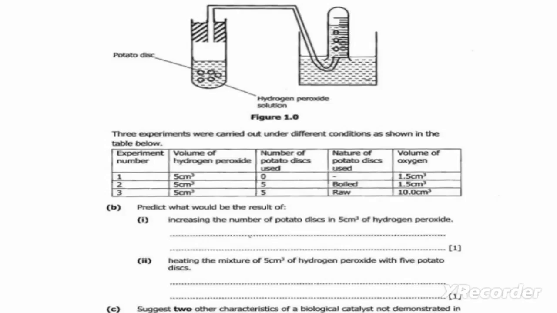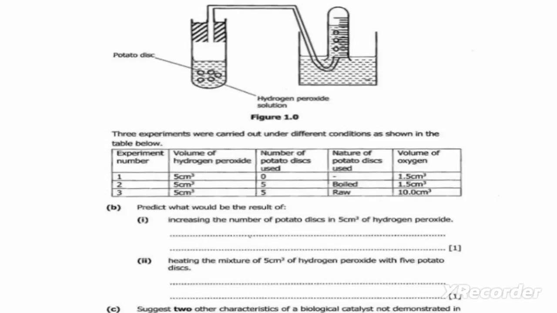So the last time when we were looking at enzymes, we said the concentration of enzymes also affects the rate of reaction. So if we increase the amount of enzyme, the reaction will be fast. And when the reaction is fast, we expect a huge volume of oxygen to be collected.